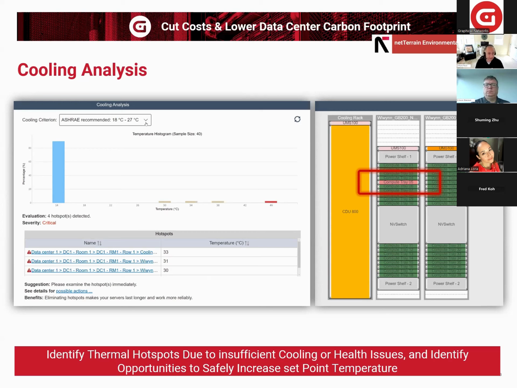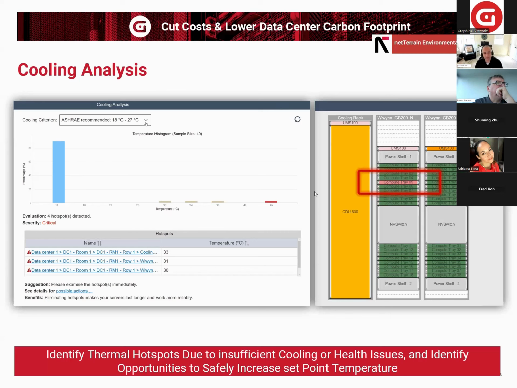Like in this case, most of the servers or the devices here are running colder than you'd expect. I think that's 14 degrees Celsius. And we see this a lot. Data centers overcool just as an insurance policy, unnecessarily. And we've done studies on how a 1 or 2 degree increase in the set point temperature can safely save you significant amounts of cooling costs.